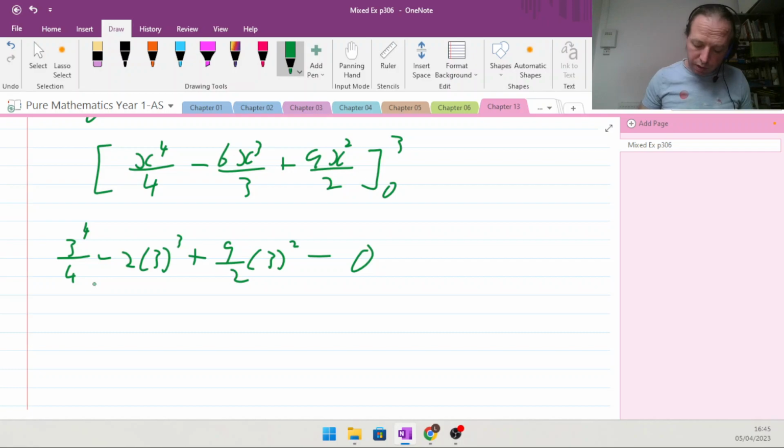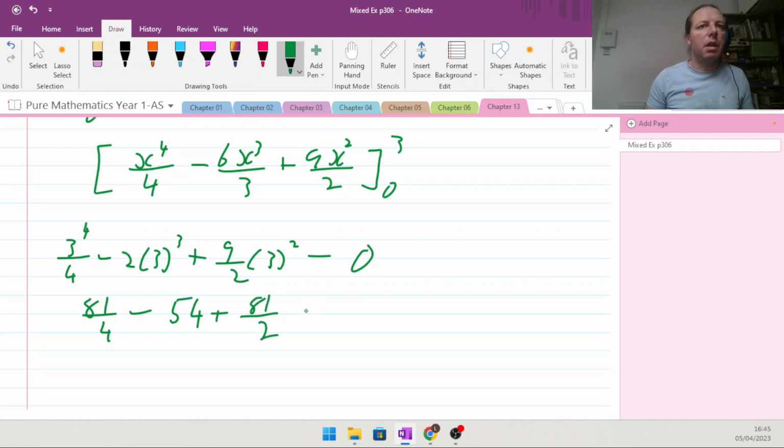So 3 to the power of 4 is 81, divided by 4 is 81 over 4, minus 3 to the power of 3, that should be 27, times 2, 54, plus 9 times 9 is 81, 81 over 2.